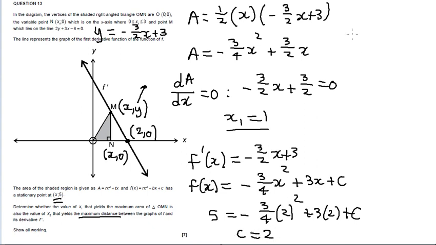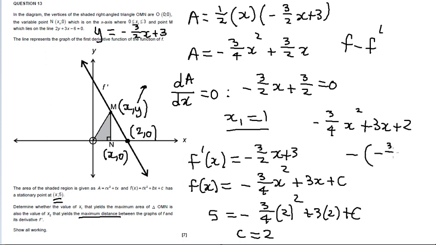Now to get the maximum distance between f and f prime, we take the equation of f minus the equation of f prime, and we're going to make the derivative of that equal to 0. The equation of f we just got is going to be negative 3 over 4 x squared plus 3x plus your c value, which is 2, minus the equation of f prime, which was my straight line, negative 3 over 2x plus 3.